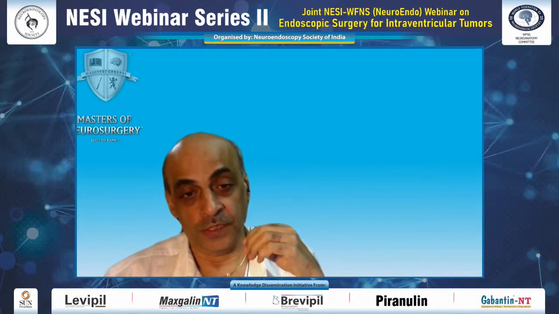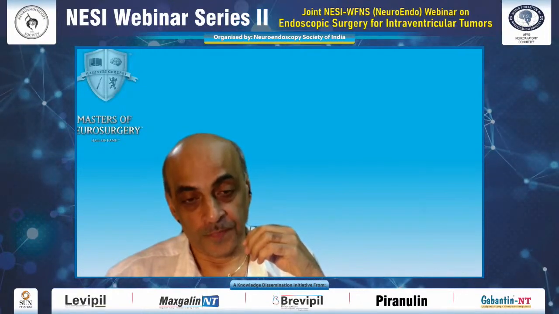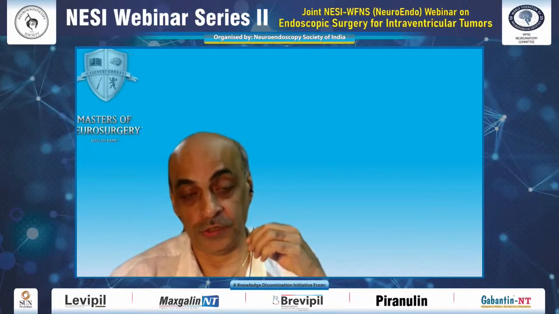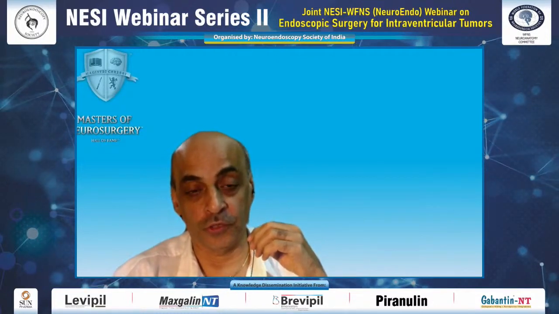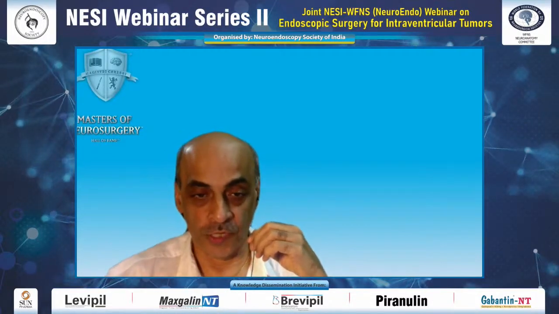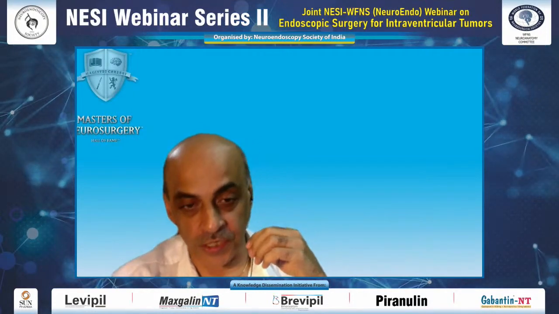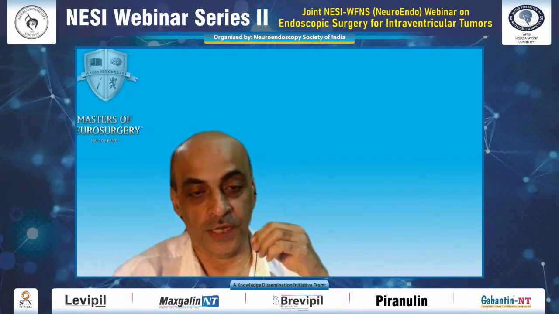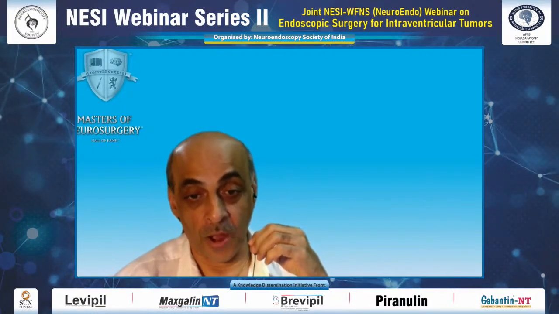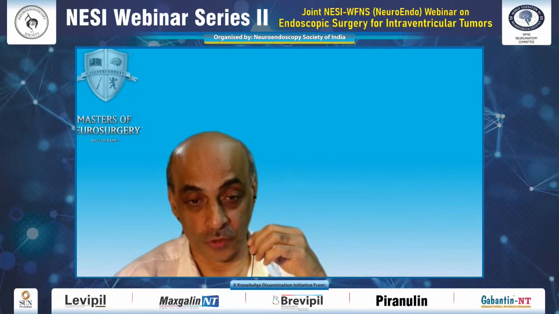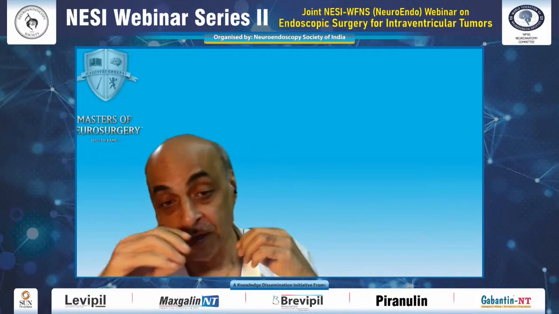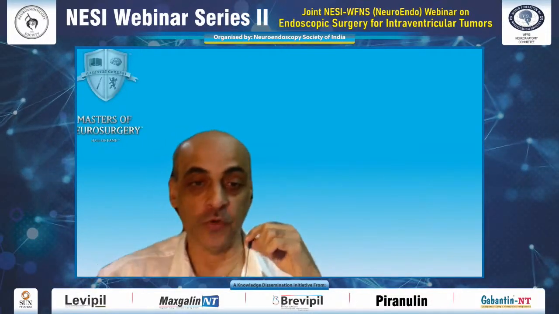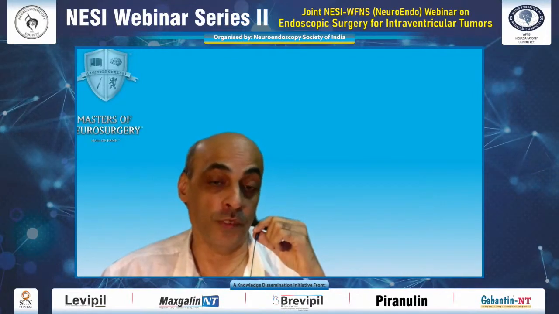What is your experience using the endoscope, which may be a little restrictive in your control of hemorrhage, because most of the central neurocytomas are heavily vascular tumors, and they extend here and there. I know you can use your endoscope, go here and there, but in such heavy bleeding situations, how happy are you with the endoscope? I would like to know.